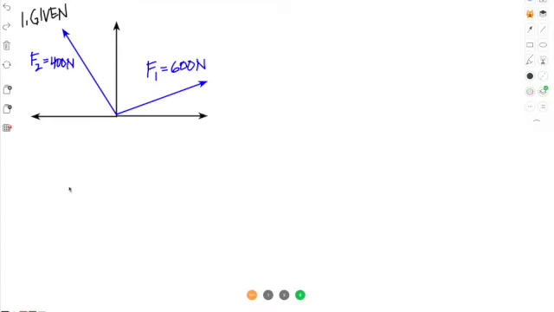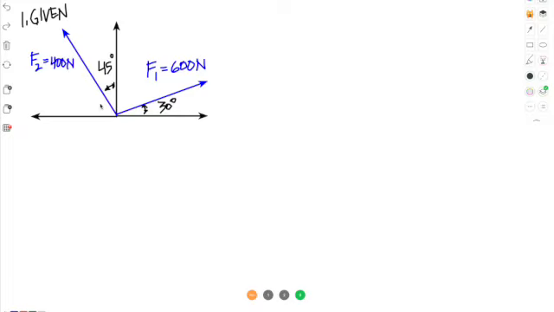So you can write down your given this way by drawing the free body diagram of the system. This is 30 degrees and this is 45 degrees. Be very careful where you write the angles.